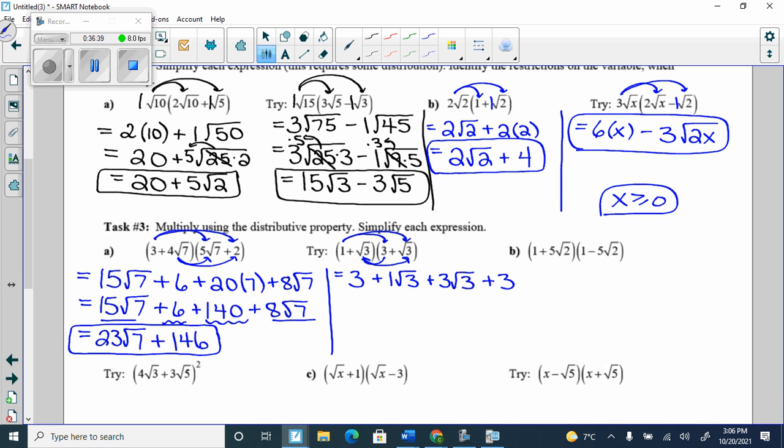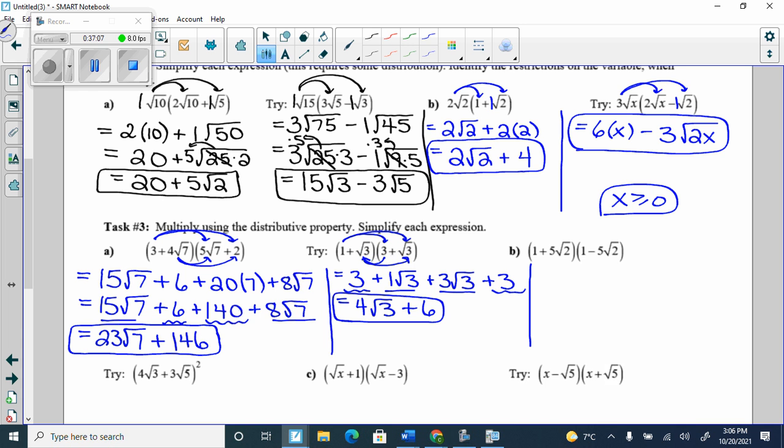You could go 3 in brackets, but it's not multiplied by anything, so it doesn't matter. Then we have to collect like terms. 1 root 3 plus 3 root 3s gets me 4 root 3s. And then 3 plus 3 is 6. Done.